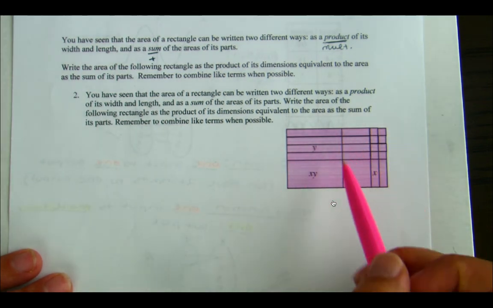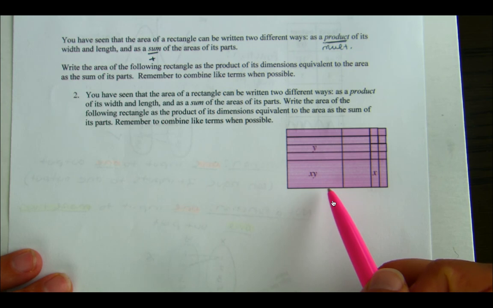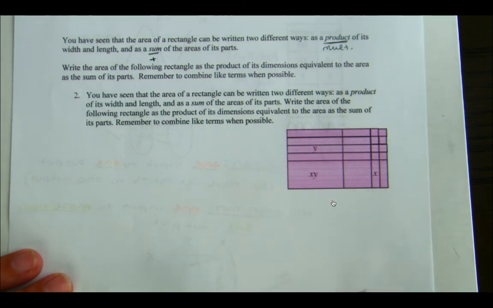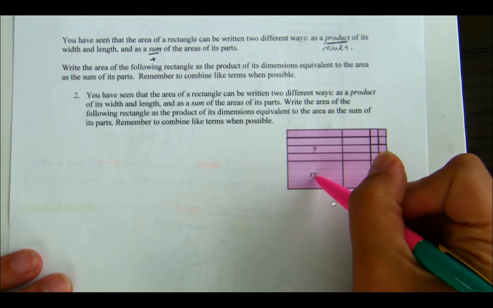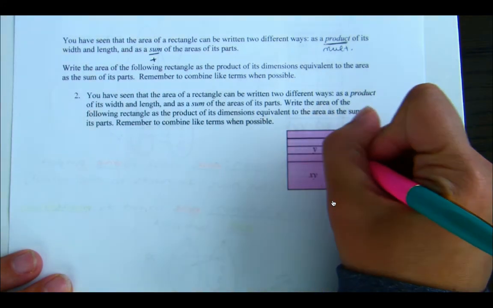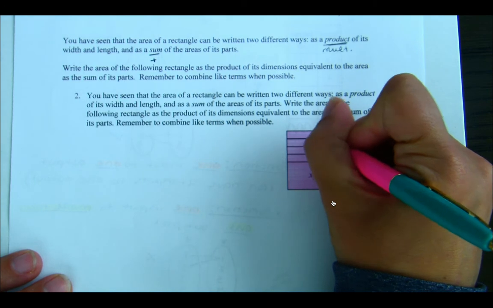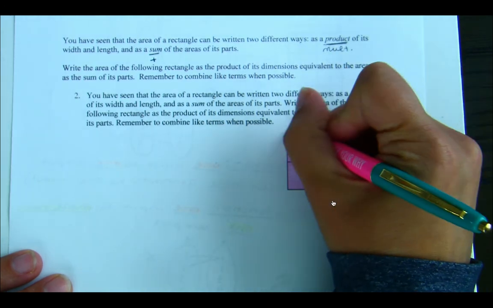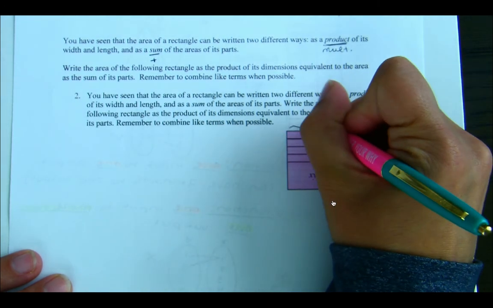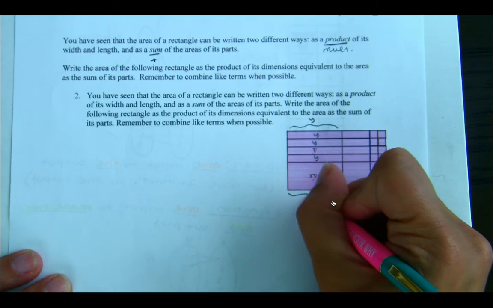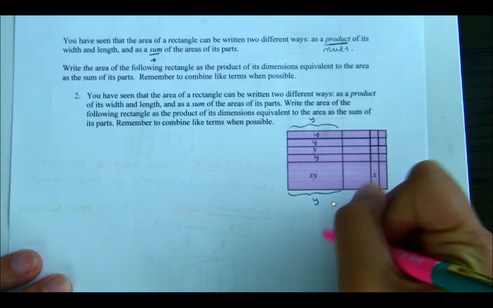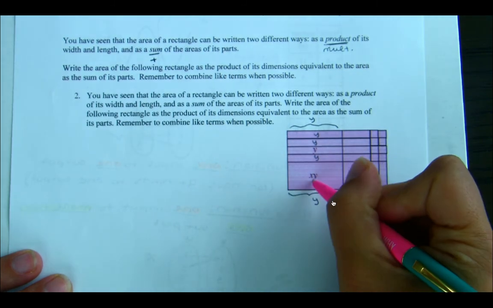And I have some pieces labeled, but I really need to label the rest of it. And that includes the perimeter of it. So I have XY here, and I know this right here is the length of Y. So these are all Y. And I know that this length right here is Y. This length right here is Y. Because this right here is XY, what times X or what times Y is XY?